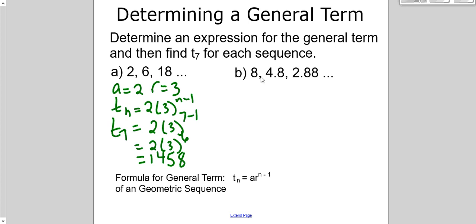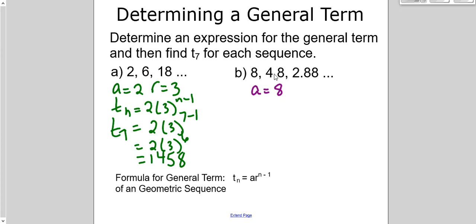Okay, so we have 8, 4.8, and 2.88. With this one, we can tell our A value is 8. Now finding our R value, that's a little bit harder. So let's take a look here.